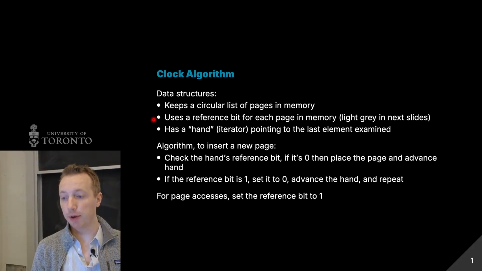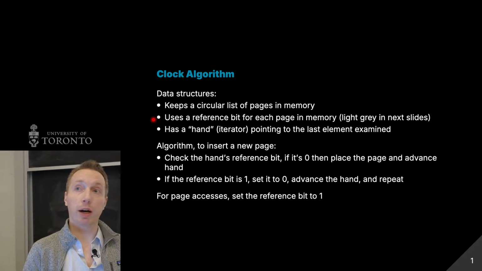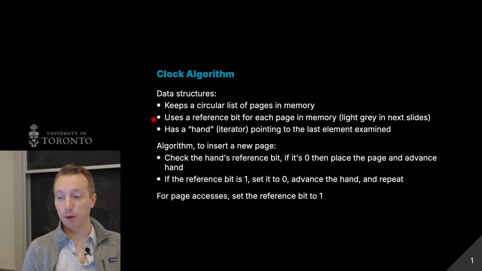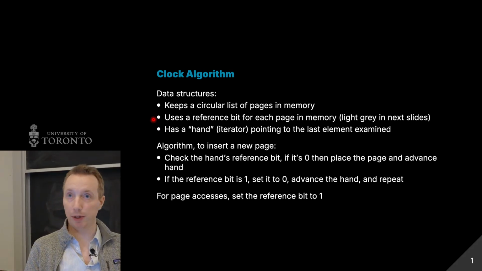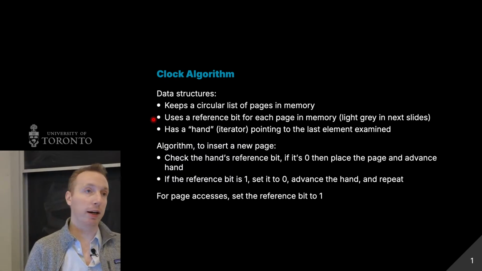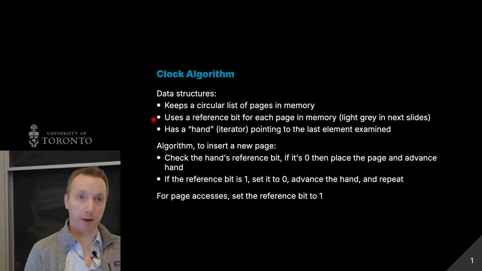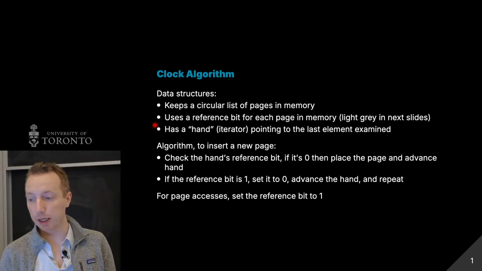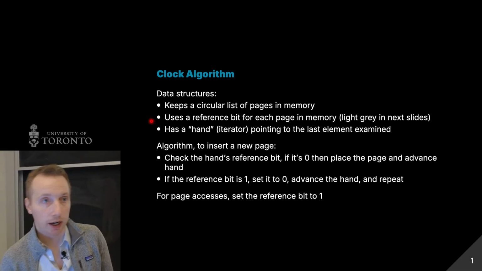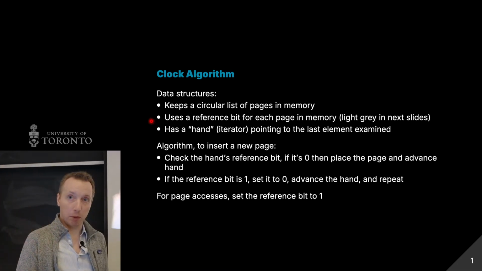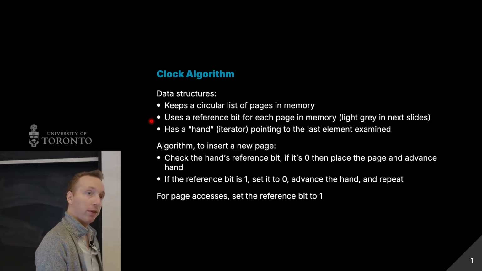So how this is going to work, we're going to keep track for every page in memory. We're going to have a reference bit associated with it that will keep track whether or not it has been referenced, and in the slides it will be in that light gray color. And this bit, we want our references to be as quick as possible.